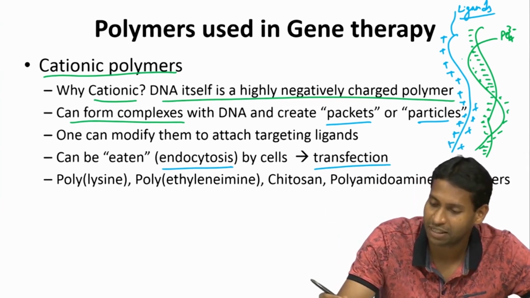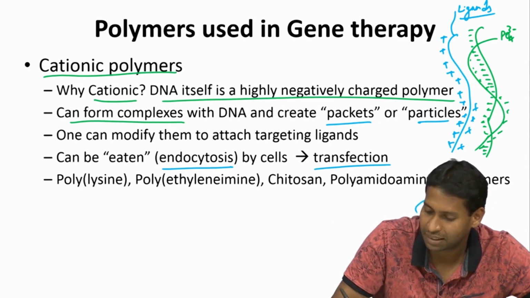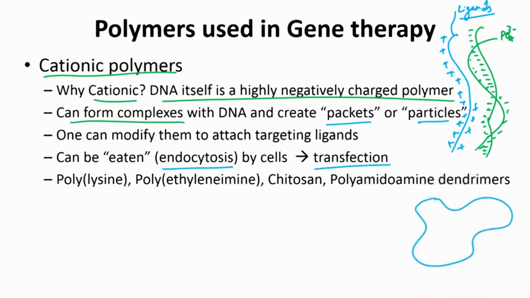So, how does the release work? Outside the cell, let us say if this is a cell, you have cytoplasm and you have extracellular. The extracellular environment typically has low ionic concentration, but in the cytoplasm you have high ionic concentration.